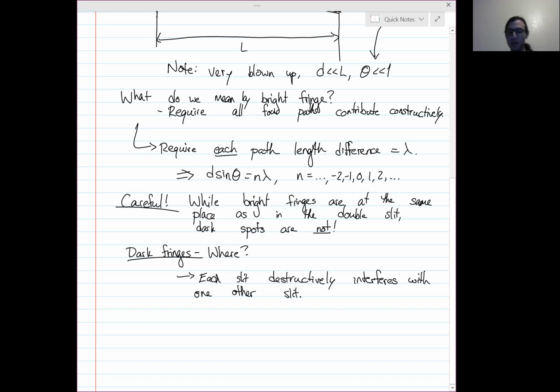Because let's say slits 1 and 2 destructively interfere, and slits 3 and 4 destructively interfere. That would mean that 1 and 2 together produce no light, and 3 and 4 together produce no light. So there's no way that you're going to get light out of combining 1 and 2 plus 3 and 4. So all we need to do is pair them up so that they destructively interfere. And it's actually relatively easy to show how that can happen.